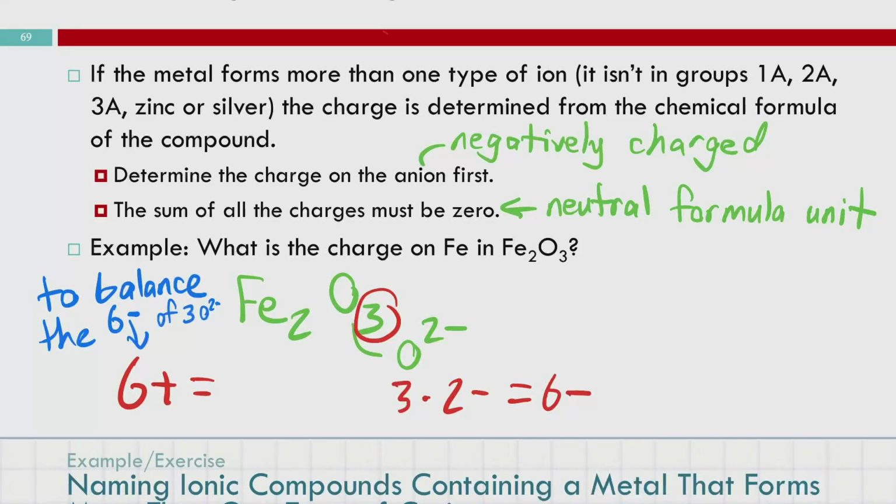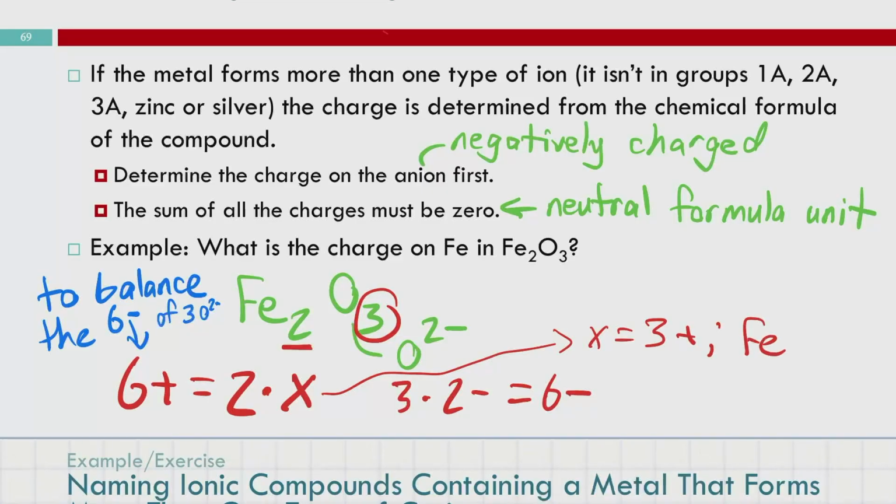And we have 2 of those irons, 2 of those Fe's. So our charge has to be what? 3. We need to have a charge of 3 on our irons. So this is iron 3+.